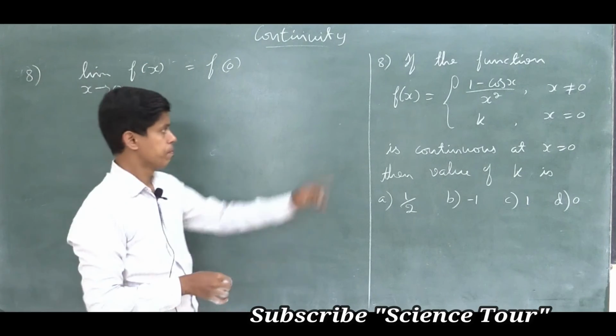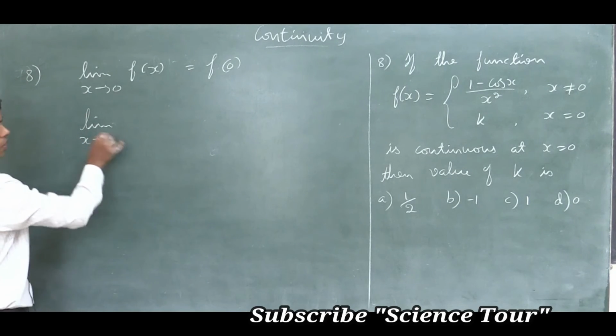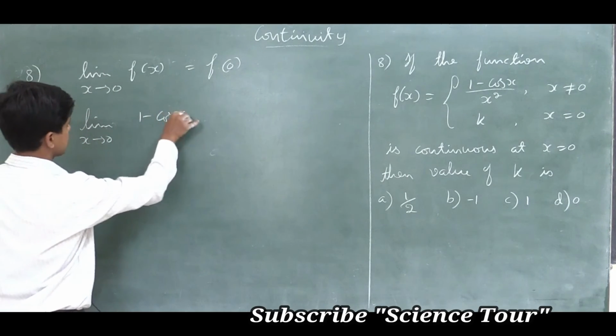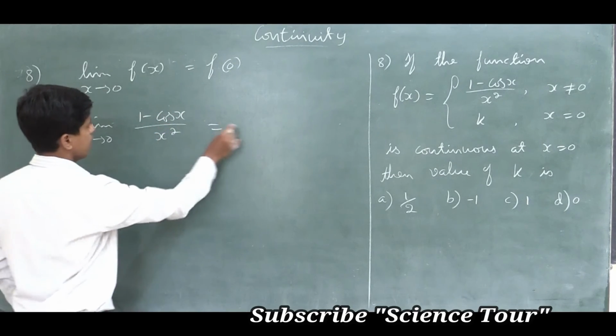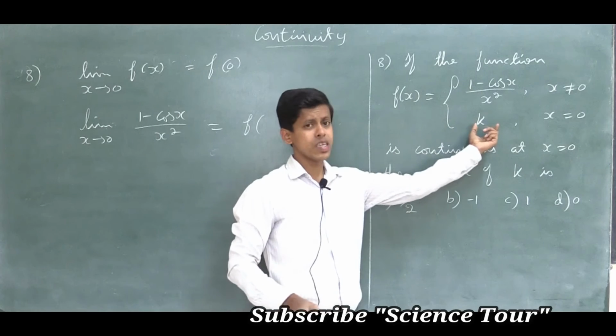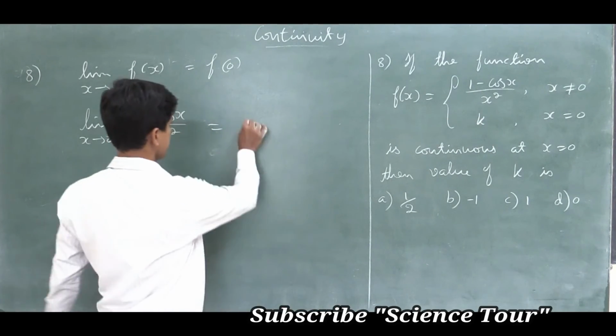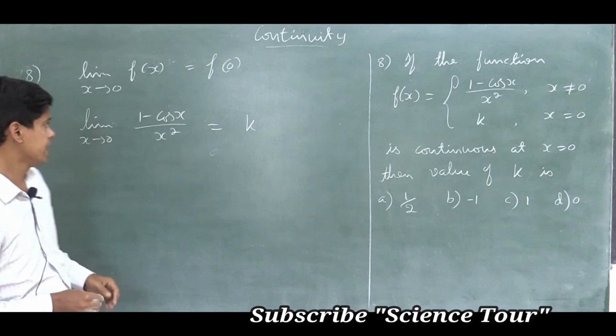The function is 1 minus cos x divided by x square, and that's equal to f of 0. By the way, what is f of 0? f of 0 is k, just like the previous problem, so write k here.